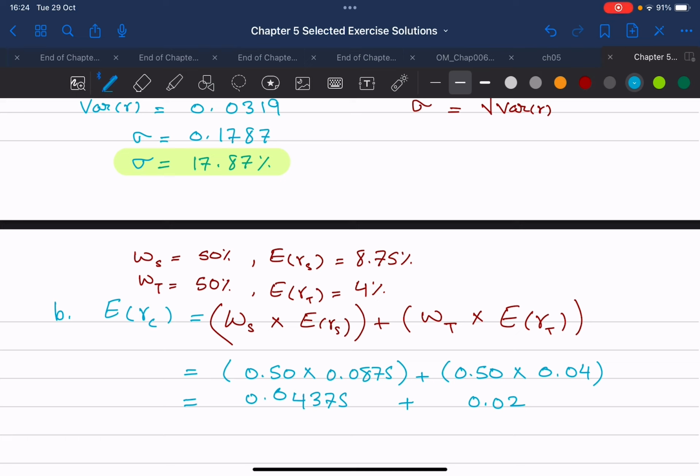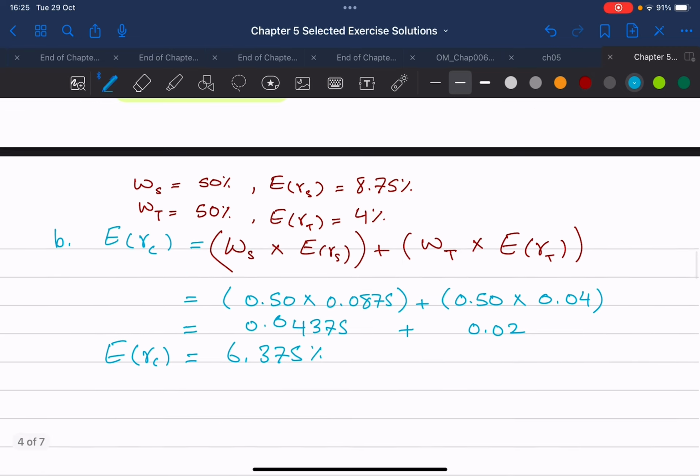So I'm going to add 0.02 to my answer in the calculator and multiply that by 100, and I'm going to get the expected return on the complete portfolio to be 6.375%.